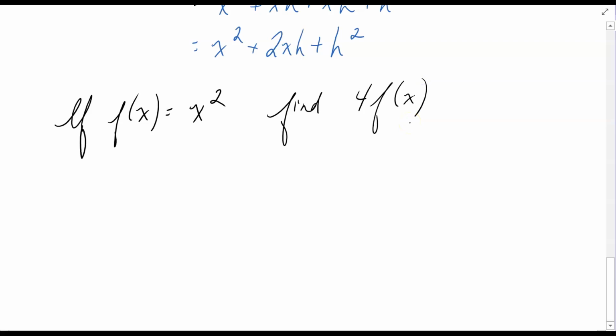So notice what that is. This is just 4 multiplied by the function f of x. It's not subbed in as the independent variable. So 4f of x is just 4 times x squared.